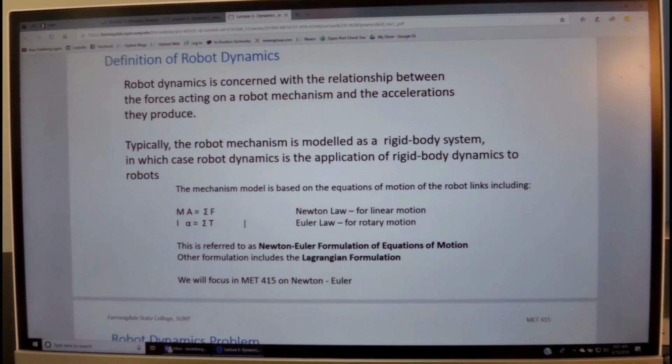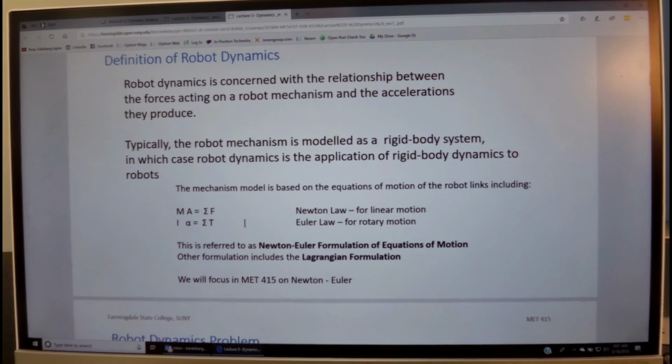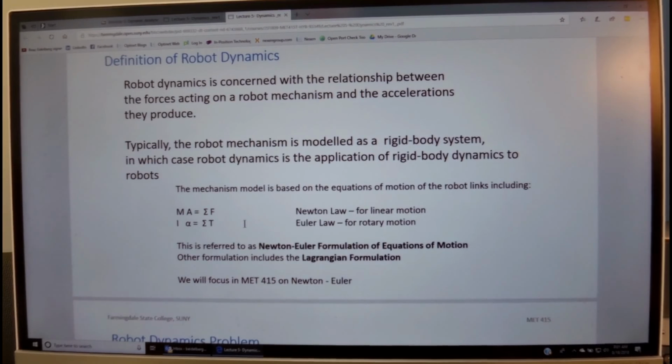The basic definition of robot dynamics is a relationship between the forces and moments which act on a robot mechanism and the accelerations and velocities that they produce. Typically, a robot mechanism is modeled as a rigid body system.